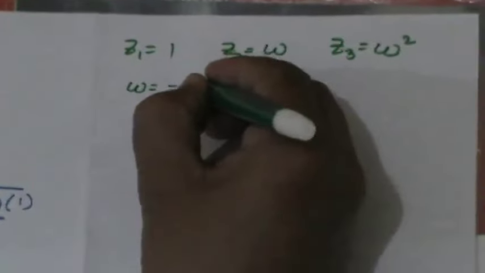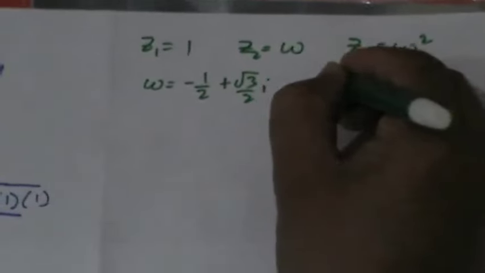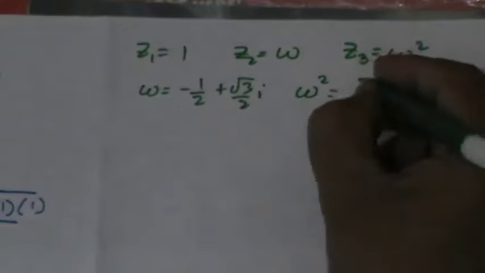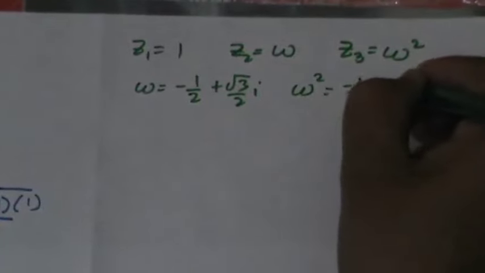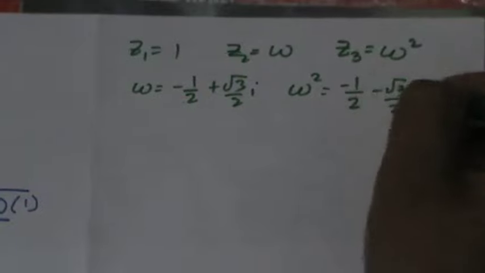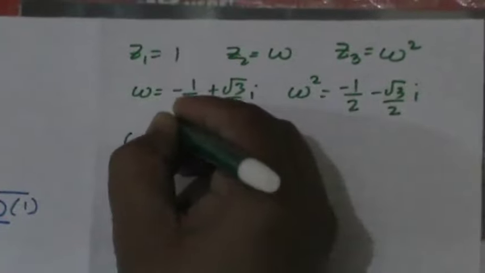The omega that I left is this one plus the square root of 3 over 2i. And the omega squared, the result after squaring it, becomes your z2, which is minus square root of 3 over 2i, like that. What about if I want to find omega cubed?